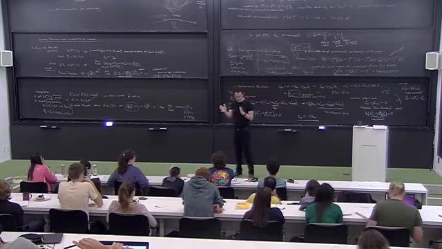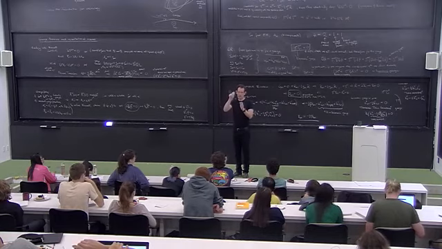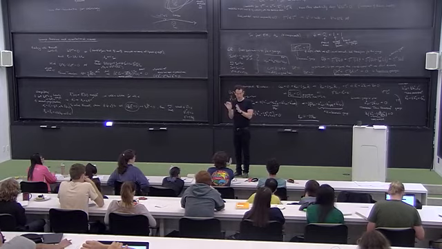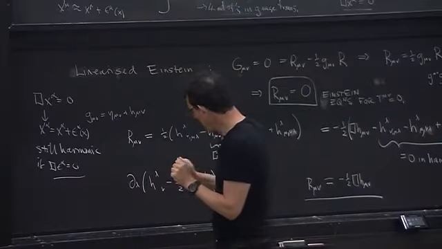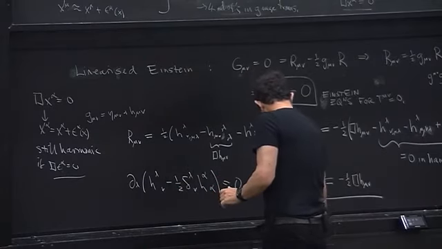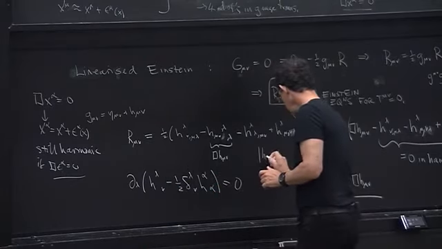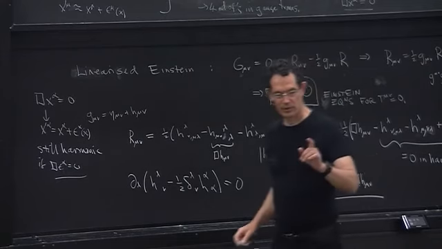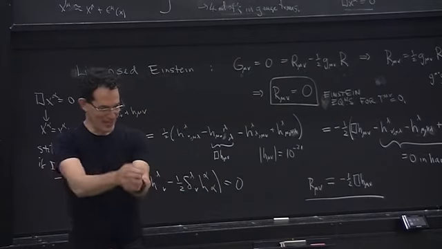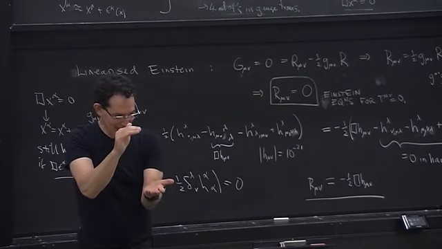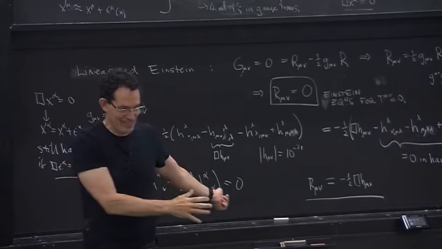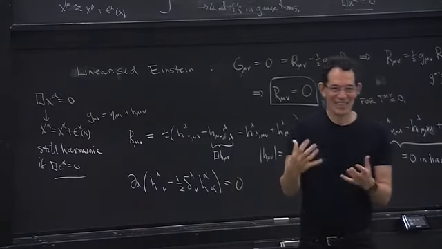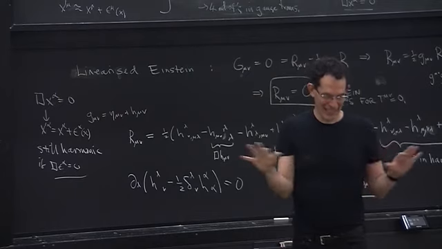The LIGO detector is capable of measuring h values down to 10 to the minus 21. That was their detection, right? The magnitude of h mu nu is 10 to the minus 21. So the wave that came from these 2 black holes merging changed your length by 10 to the minus 21 as it came past. It's not a big deal, okay? And so these waves interact extremely weakly with ordinary matter.